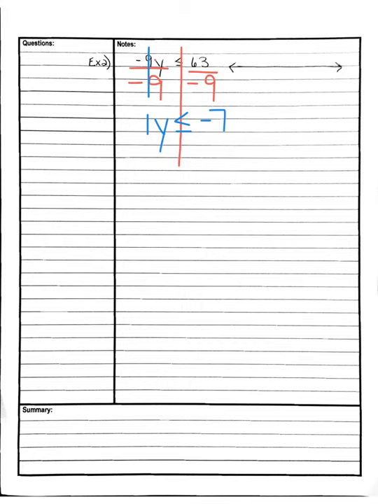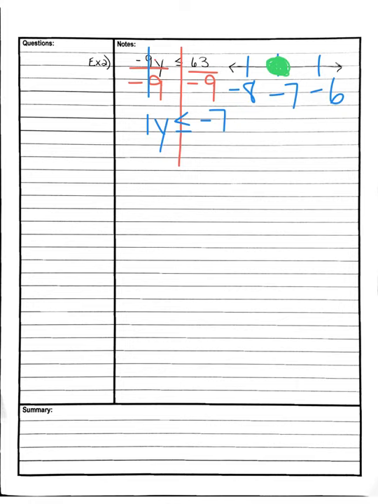Do not write this down. There's a reason. Please watch. I'm going to put the negative 7 in the middle. 1 less than would be a negative 8. 1 greater than would be a negative 6. It is an equal to, so we can put a closed circle on the negative 7. And y is less than negative 7 would mean I need to shade to the left.